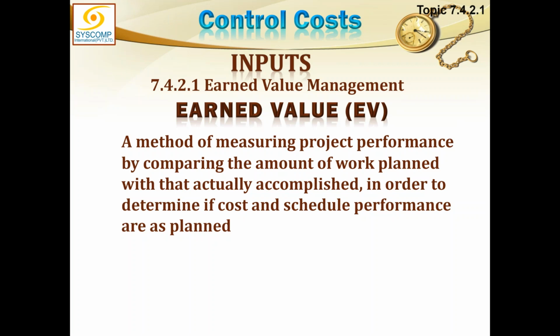Any point on this S curve is my planned value. That means that at that point in time, this much worth of job should have been done. This much activities which have a budgeted value of PV should have been done.